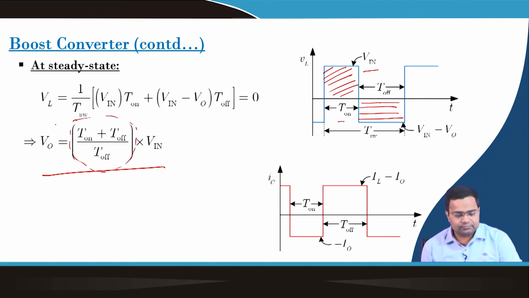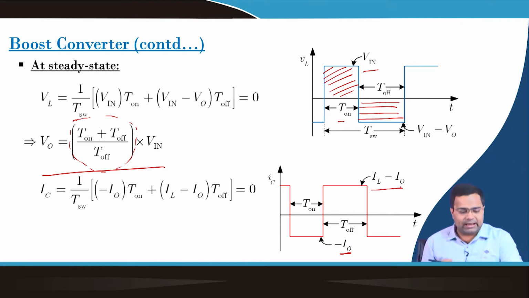Alright. Next, we can now draw the capacitor current, and we know that when the switch is on, this capacitor current will be minus I0. When the switch is off, it will be IL minus I0.